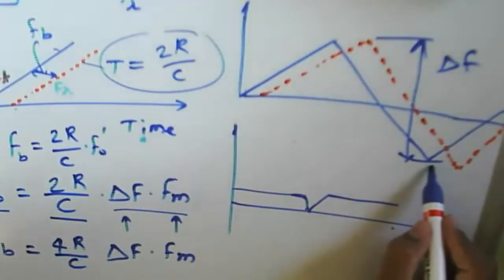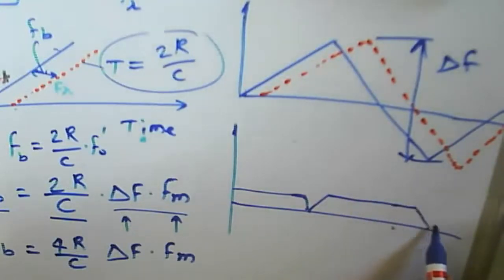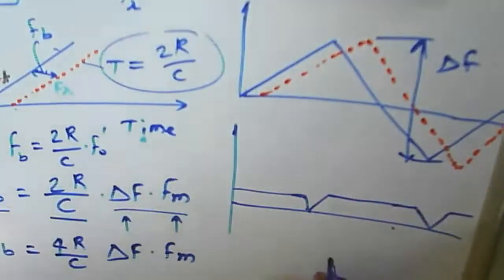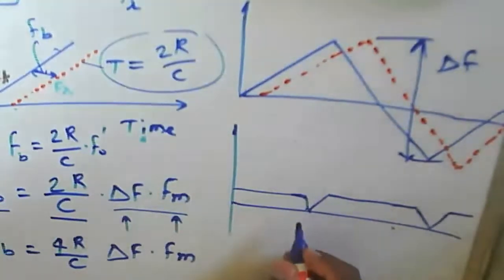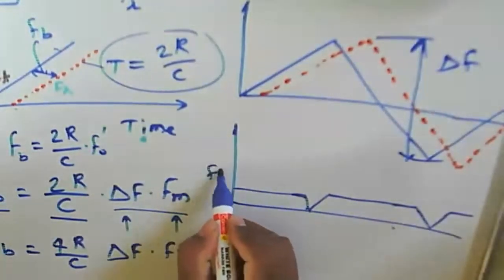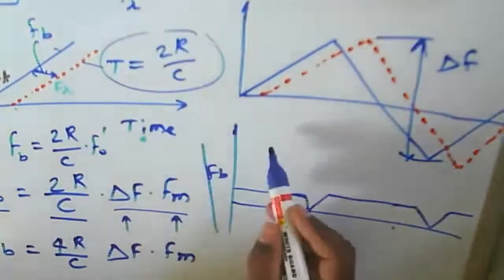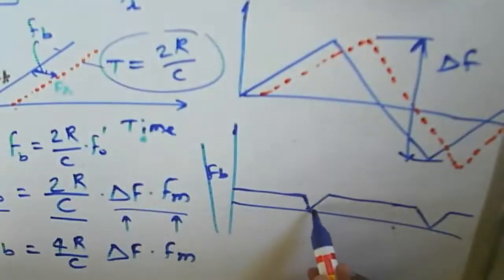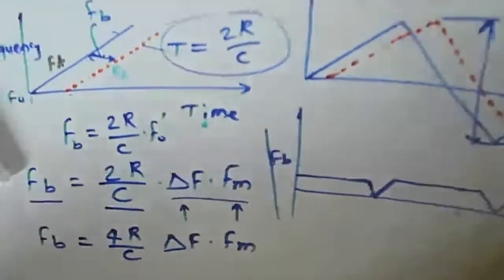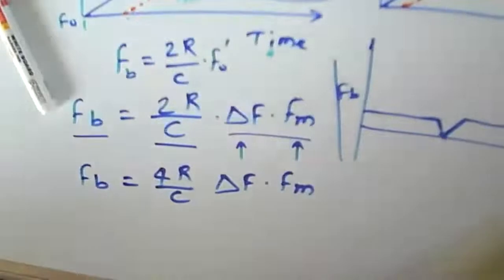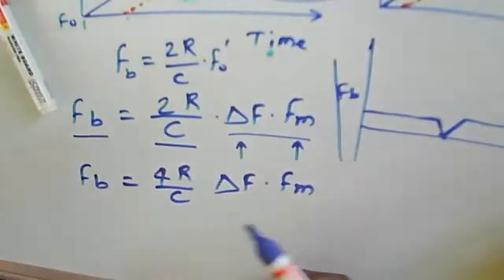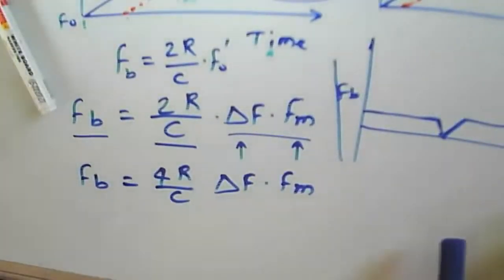Likewise at this particular moment. Now this is nothing but a beat frequency FB here, because FB is nothing but the difference between the transmitting signal and the receiving signal. That is about a beat frequency.